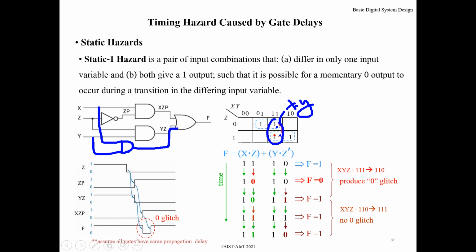Namely, when your input is 1 1 at here and here, this one, then output is 1. When you take z to 0, it does not affect this AND gate. Output of this AND gate is still 1. Then when you OR all together, output is still 1. So there's no 0 glitch.